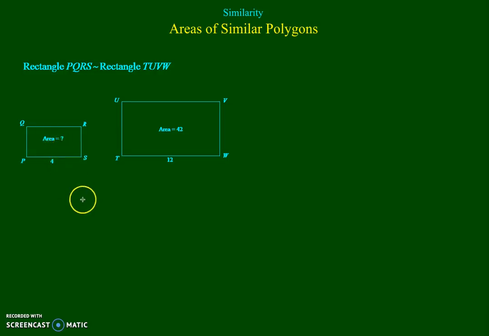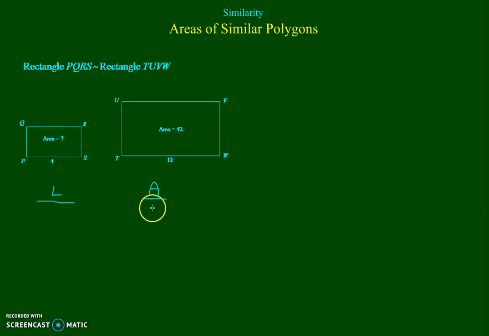Now I'm looking for the area, and I have side lengths. So the way I'm going to set this up, just to keep things nice and organized, is: I have length measurements, and I have a measurement of 4 and 12, and area measurements, and I have a question mark here and an area here. So I like to put the unknown on top.